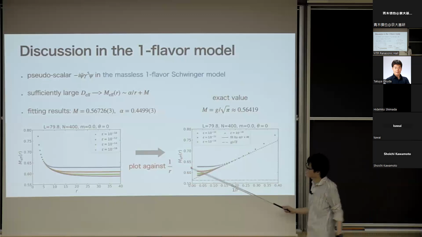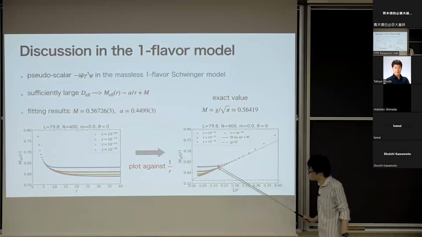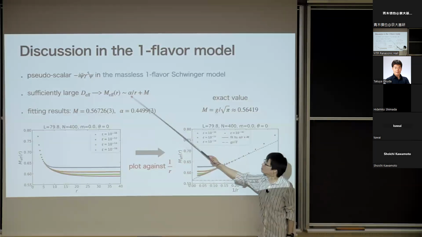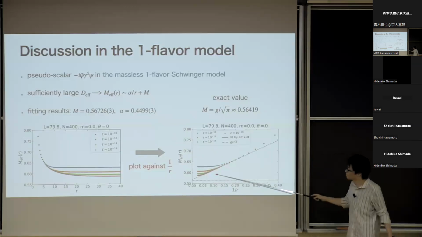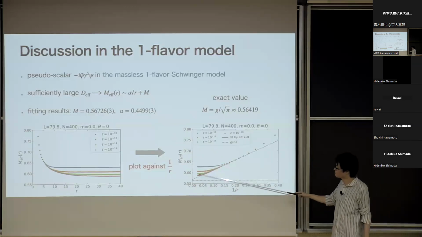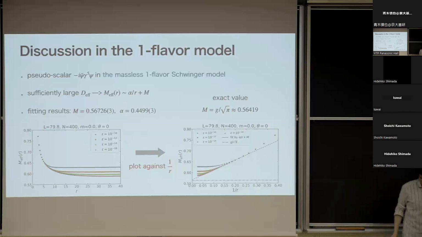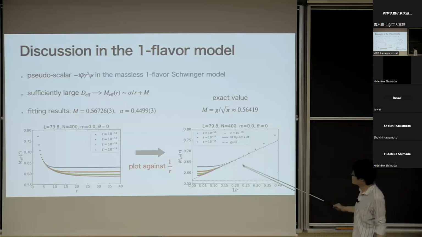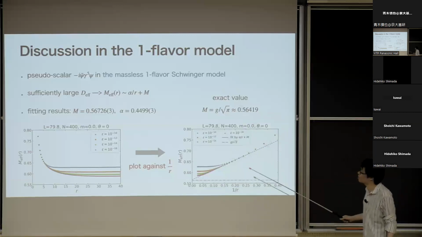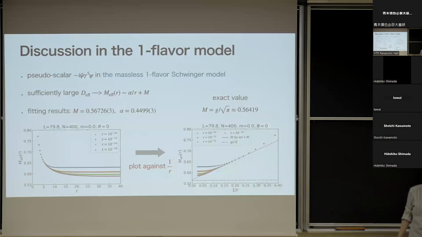So you can see that this prescription, the fitting by 1 over R, gives a more precise result, closer to the exact value. So we think that this strategy is also applicable to the two-flavor case, where the exact value is not known.